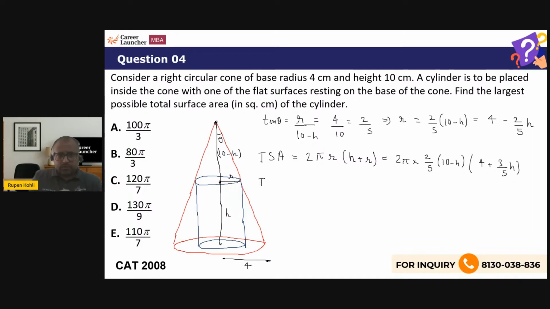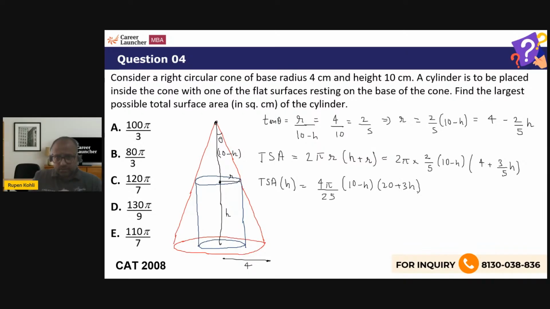The total surface area as a function of the height h is therefore this expression. This is 4 pi by 5 here. Also, I need to take one factor of 5 from the denominator in the second term, so I'm taking 4 pi by 25 here. Then I have this as 10 minus h, and this is 4 times 5 is 20 plus 3h.